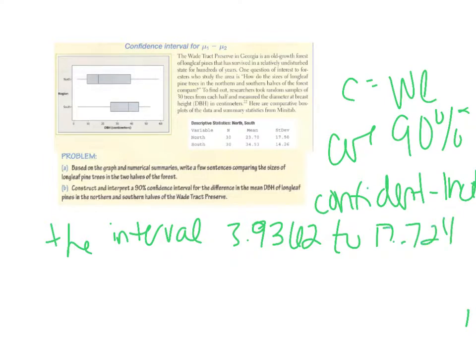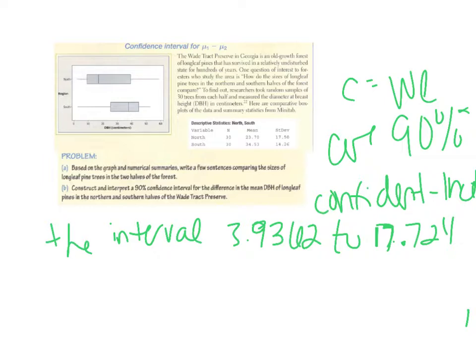You can calculate this by hand or on the calculator. Like always, you'll get slightly different values depending upon whether you calculate it by hand or on the calculator. These are the values that the calculator would have given us, so we're going to go with this.